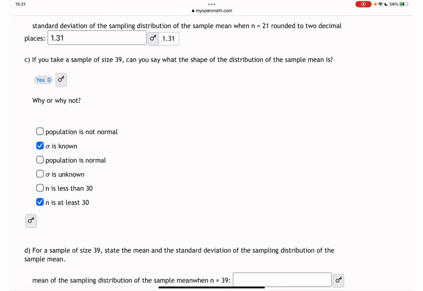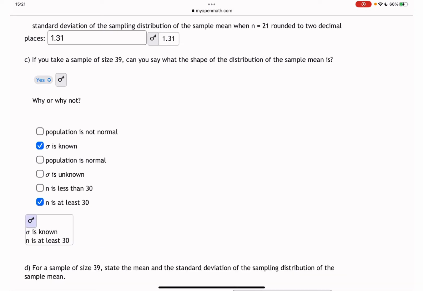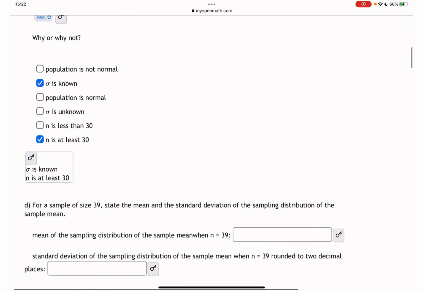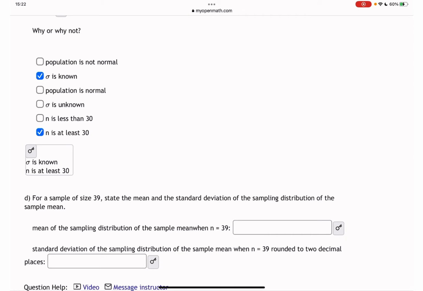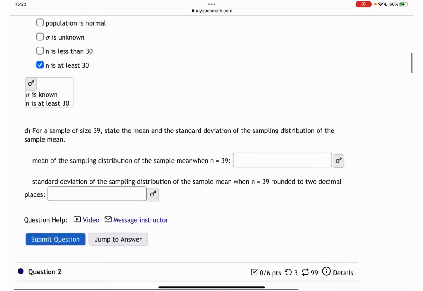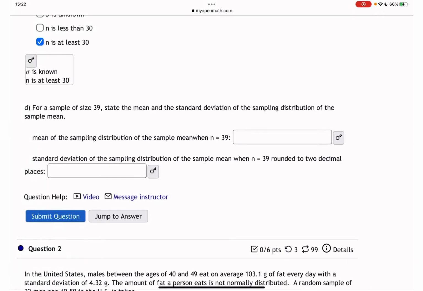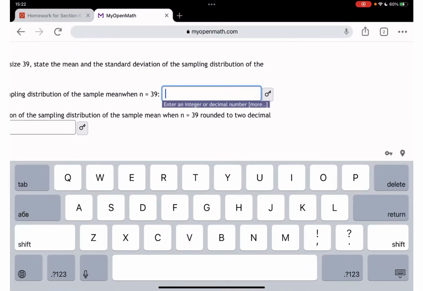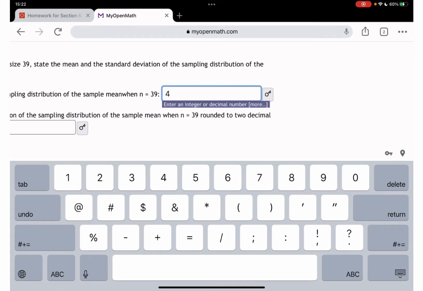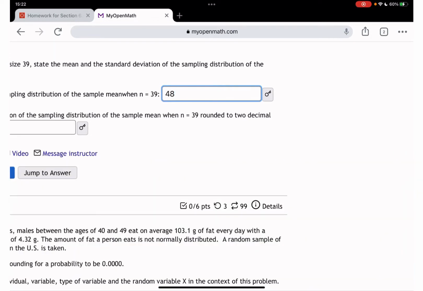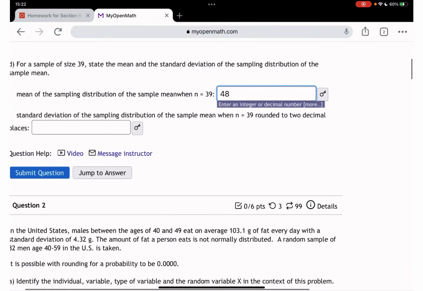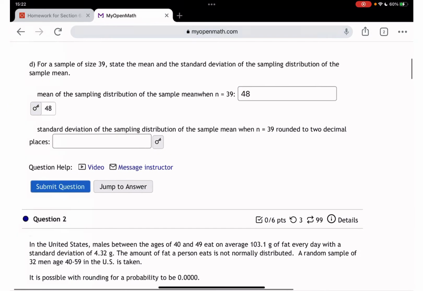Sigma is known. Let's check. Okay. Moving to the next question. So the sample size is 39. We need to find the mean. The mean is going to be the same thing, 48. It's given in the problem. No matter how much you change the sample size, your mean is going to be the same. Let's check it. 48 correct.